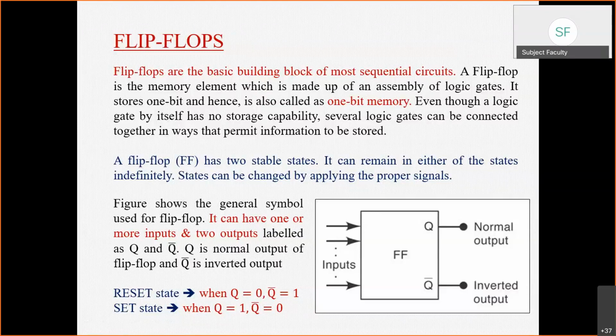In your syllabus also there are 4 types: RS, JK, D and T. Out of these 4, RS and JK have 2 inputs, D and T have 1. So a flip-flop can have 1 or more inputs, but there will always be 2 outputs.